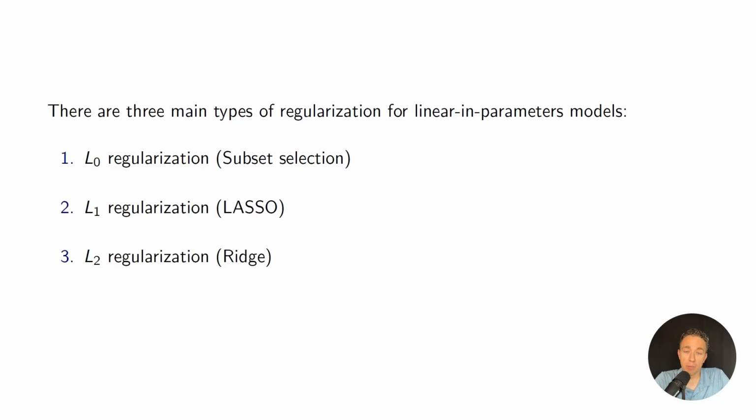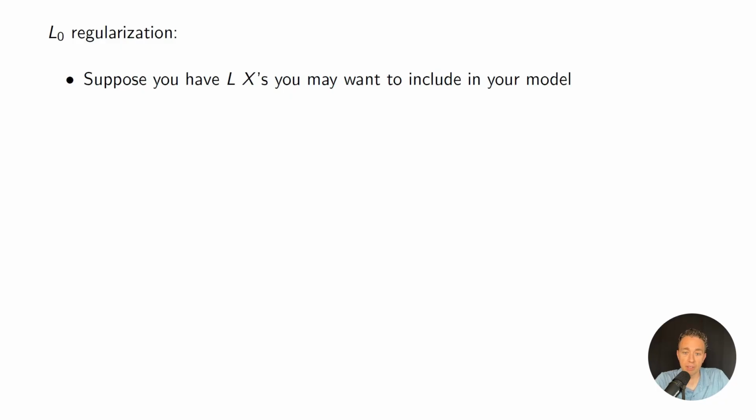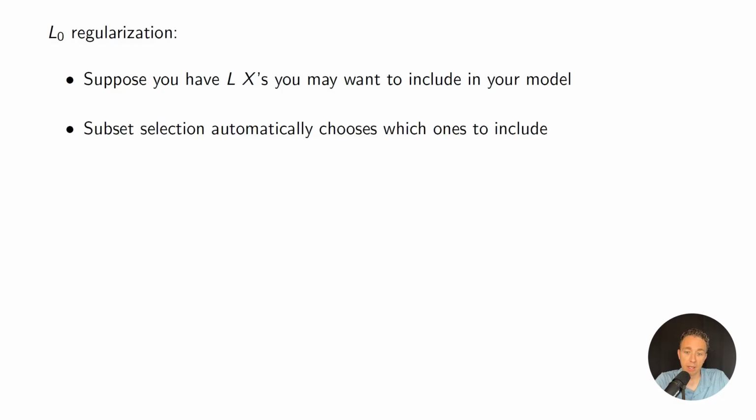And so let's talk a little bit more about these, because these are going to come up quite a bit when we try to take machine learning into econometrics. And the reason for that is that a lot of econometrics is linear in parameters. So L0 regularization is basically just going to say, okay, I have L possible X's in my model, and I'm just going to choose which X's to include in the model and which ones not to.